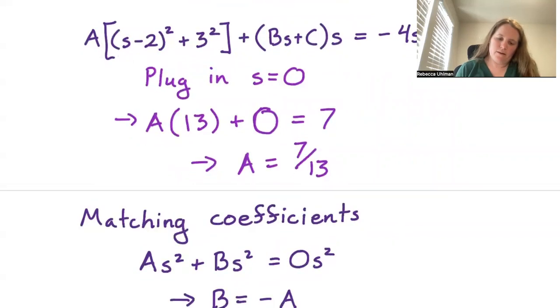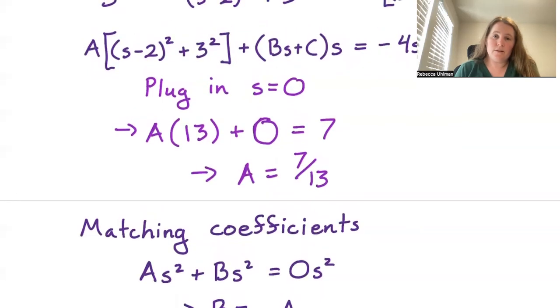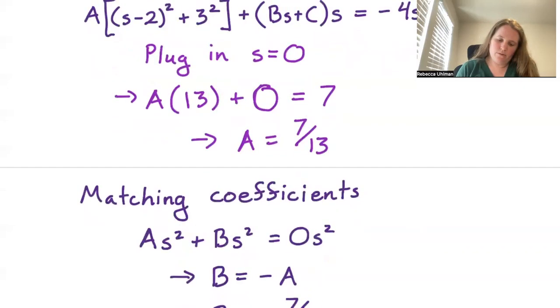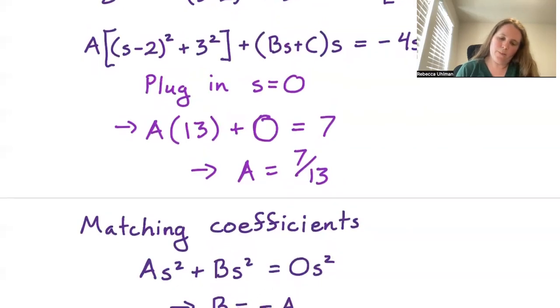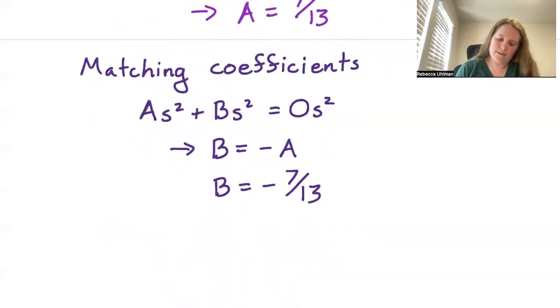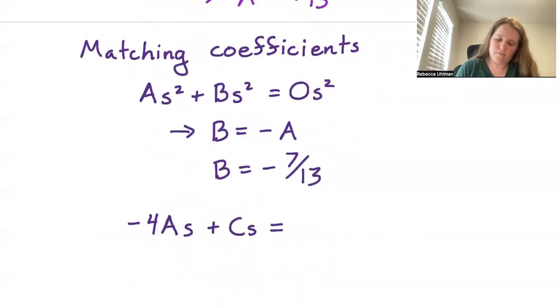And then we have a variety of methods we can use for the remaining one. Matching our s term, we would have a negative 4As from that first term, and then a plus cs, should be equal to that negative 4s on the right.